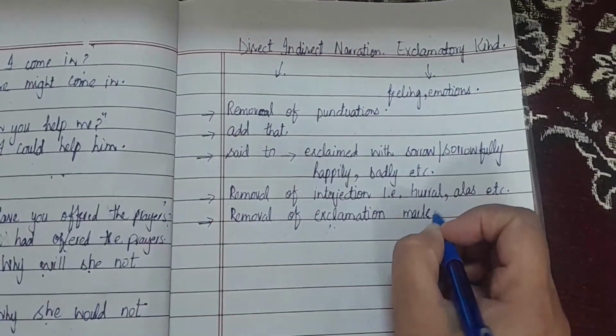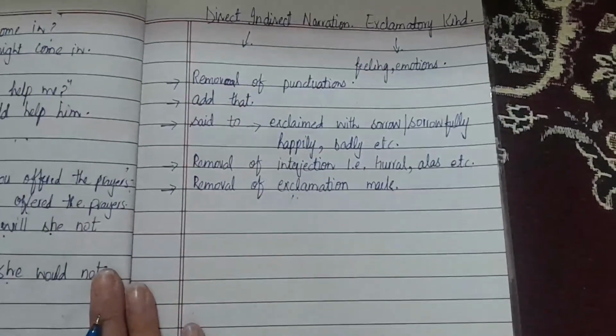So these are all the rules that will be followed for exclamatory kind of the sentences while changing them from direct narration into indirect narration.